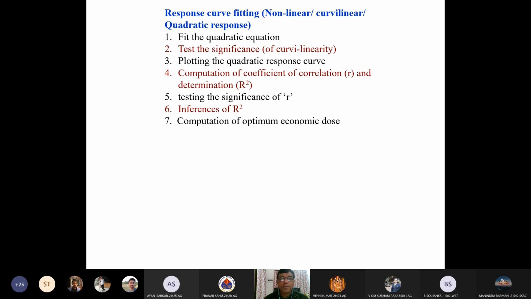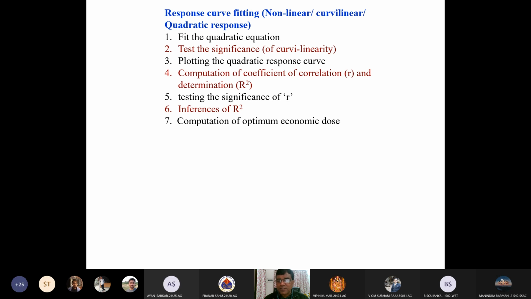Then the third thing we will learn is plotting the quadratic response curve. The fourth will be computation of the correlation coefficient and the coefficient of determination. Fifth will be testing the significance of R, the correlation coefficient.